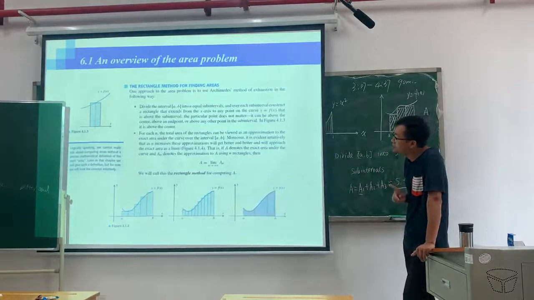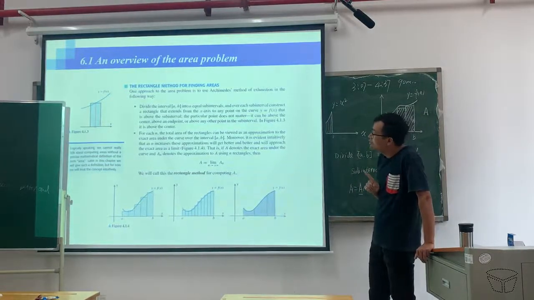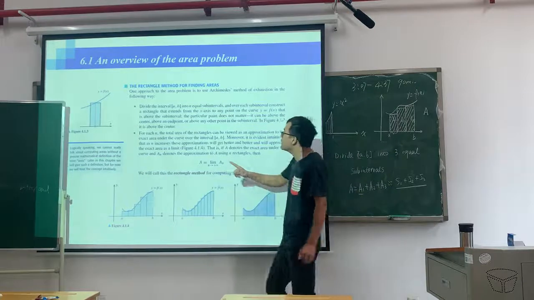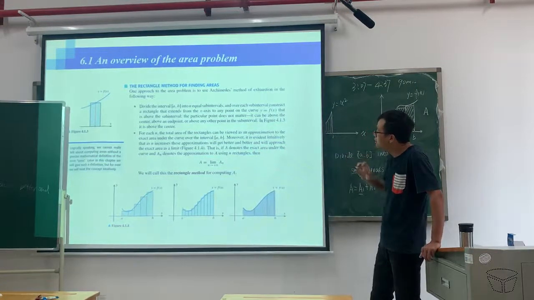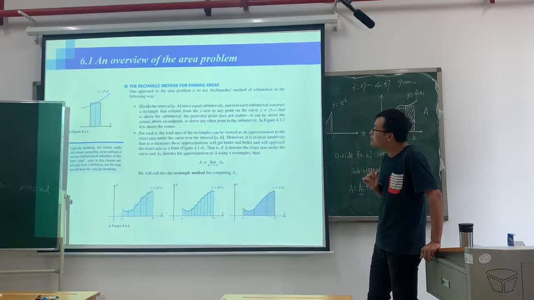The second step is, for each n, the total area of the rectangles can be viewed as an approximation to the exact area under the curve over the interval AB.